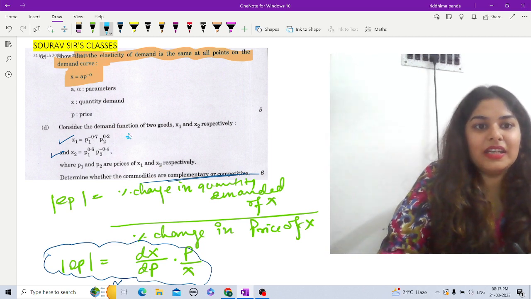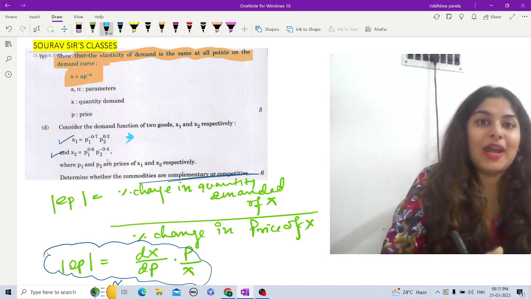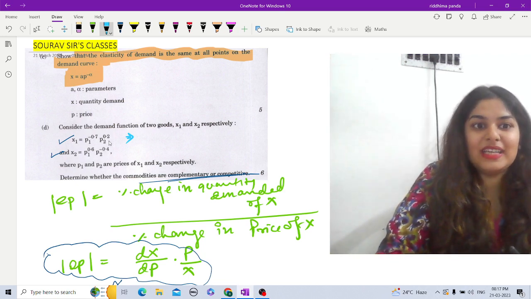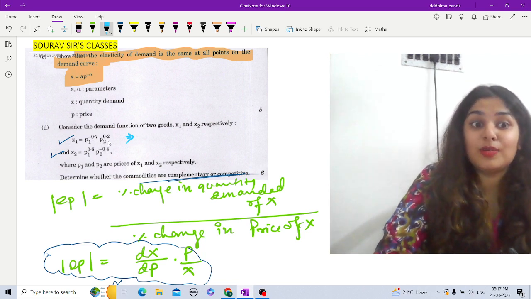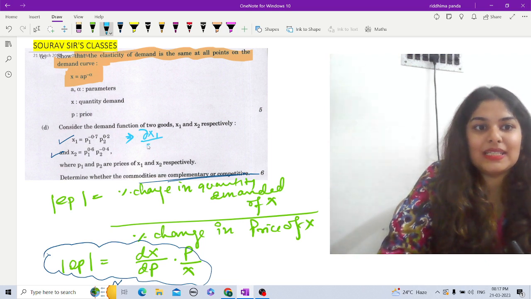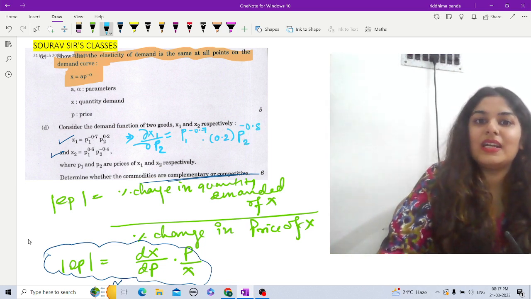Let's first differentiate x1 with respect to p2, because we look at the price of one commodity and the demand for the other commodity. If demand is x1, then I should see the change with respect to the price of the second commodity, p2. So delta x1 by delta p2 is equal to p1 to the power minus 0.7 into 0.2 into p2 to the power minus 0.8.